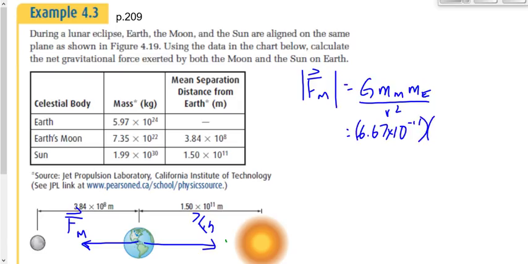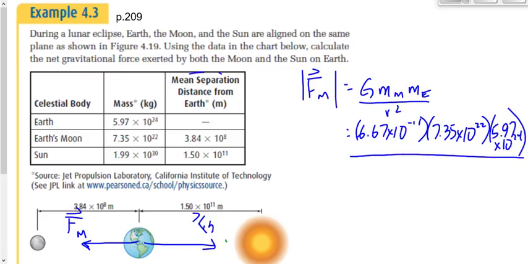Mass of the moon, we're given that number there, is 7.35 times 10 to the 22. Mass of the Earth is 5.97 times 10 to the 24. Divided by the separation distance, which is the distance from the center of the moon to the center of the Earth.